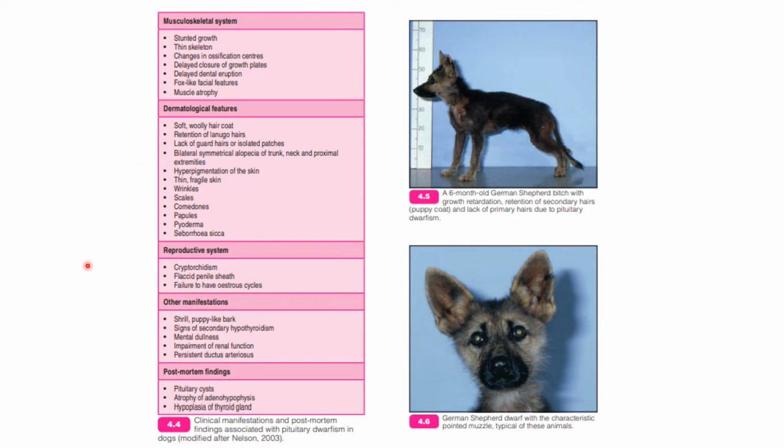So dermatological features, also there's a problem there. Reproductive system, other manifestations, and of course, most modern findings ito mo nakikita, mostly it could probably be due to mga pituitary cysts, atrophy of the adenohypophysis, and mga cancers or mga hypoplasia in the thyroid gland.